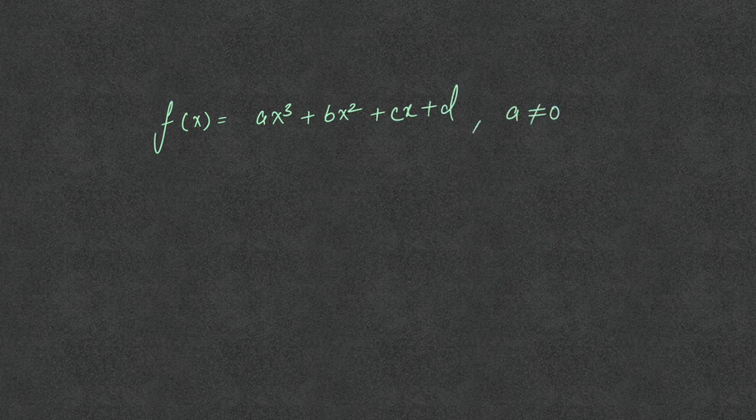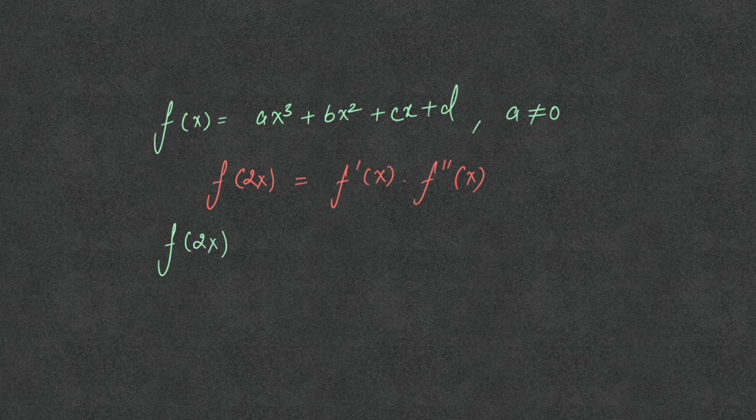So I can write the function as f of x is equal to ax cube plus bx square plus cx plus d, and here a cannot be equal to 0, because if a becomes 0, this will not be a cubic equation. Since we have this functional equation, first of all I would like to write f of 2x.